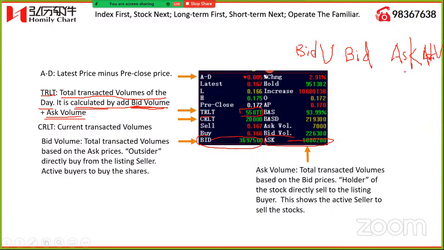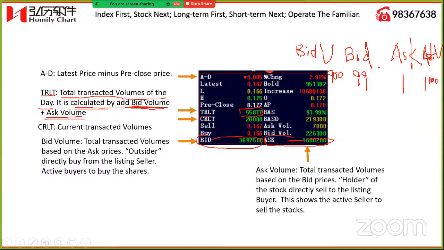Okay, so let's say you want to sell 1,000 stock at $1, and some people want to buy at 99 cents, 900 shares, right?